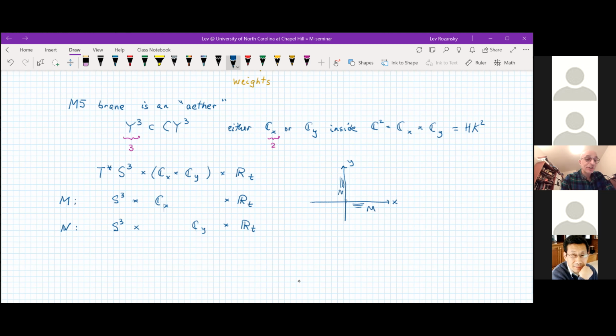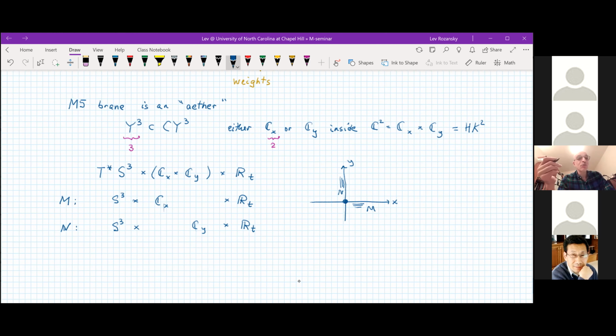And they intersect here. So these defects will vibrate because they're ethers, and they will generate their own photons, so to say. And among those elementary particles, which correspond to vibrations of these ethers and their intersection, there will be special ones, which are BPS, and we want to count them.